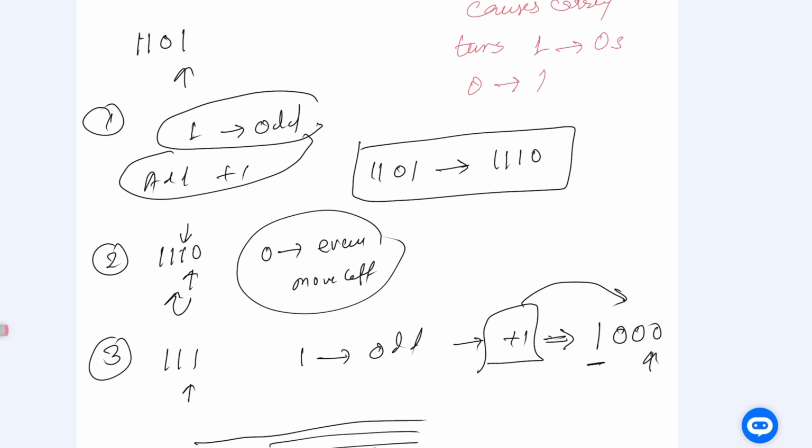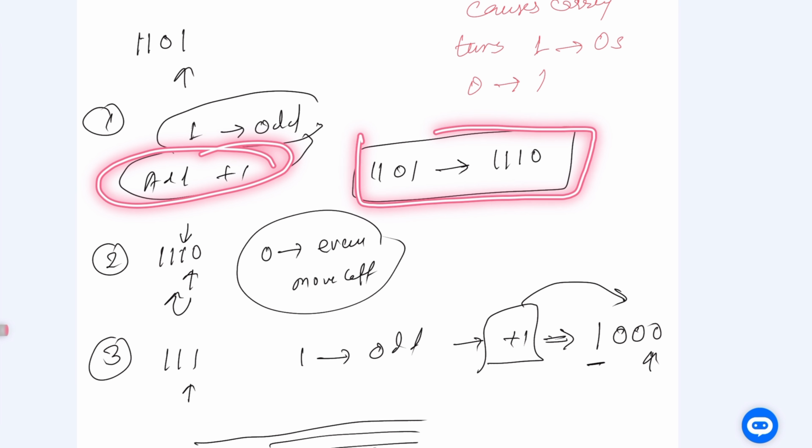The very first, we have the binary string. We'll start from the very first index and go from rightmost to leftmost. The very first we got is odd, and if we get odd, we'll do plus 1 and convert it into this.